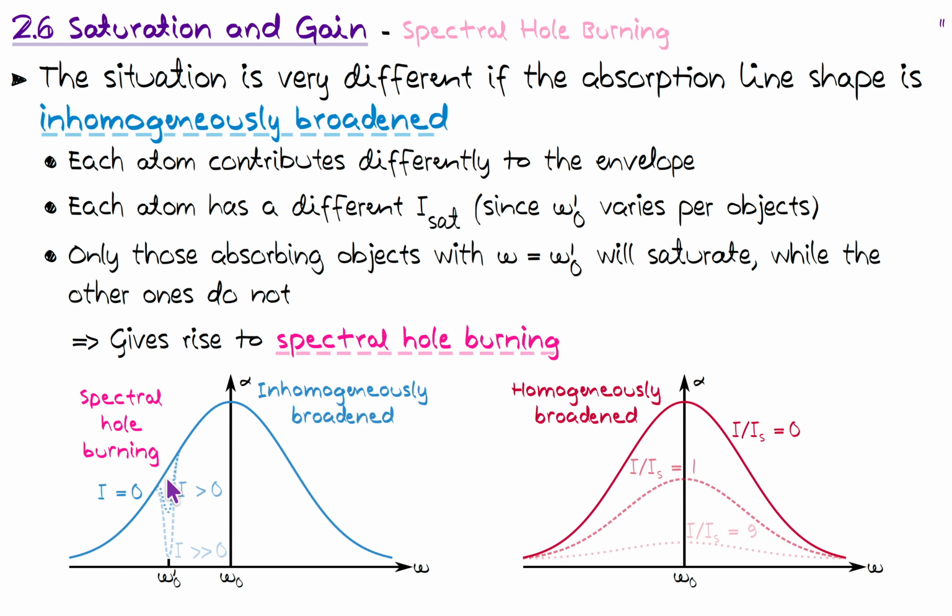So we are only changing the line shape function locally, and we have this hole burning taking place here. All the rest of the atomic emitters are unchanged, and they can still be absorbing light. Or, when we are trying to make gain happen, they can still have a non-zero gain, and that can give rise to detrimental effects, such as amplified spontaneous emission, ASE.